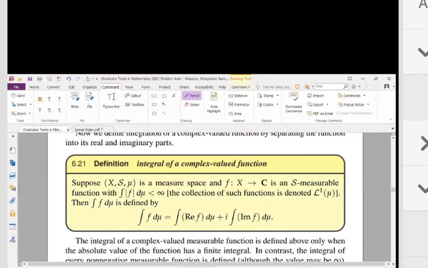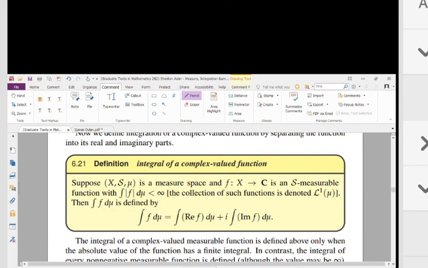Okay, or set, and the contents of this integral are all on x. And this is the definition of the integral of a complex valued function on x.